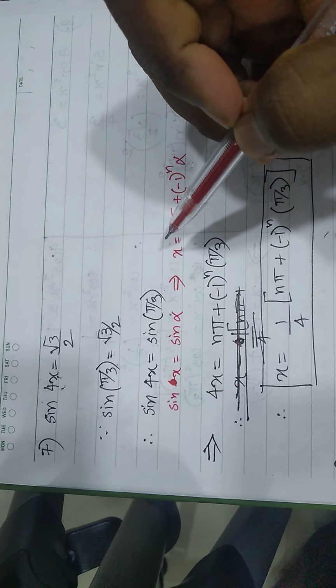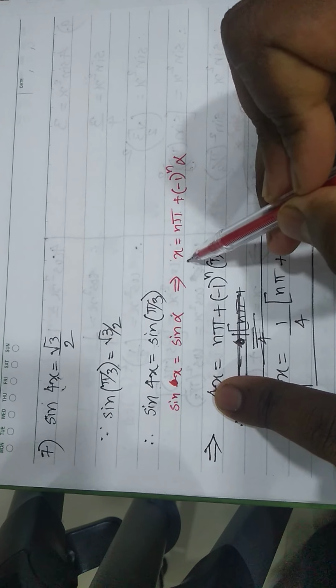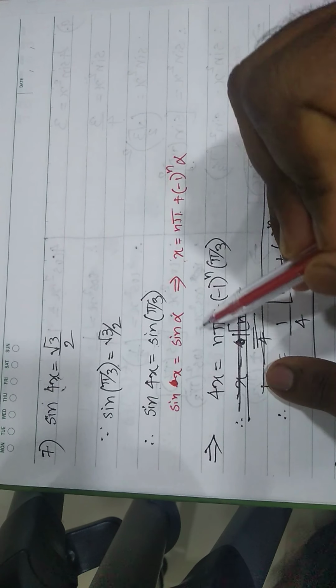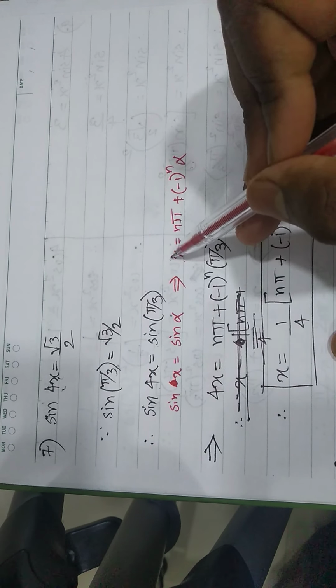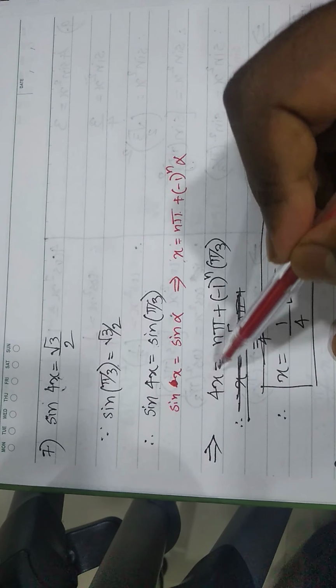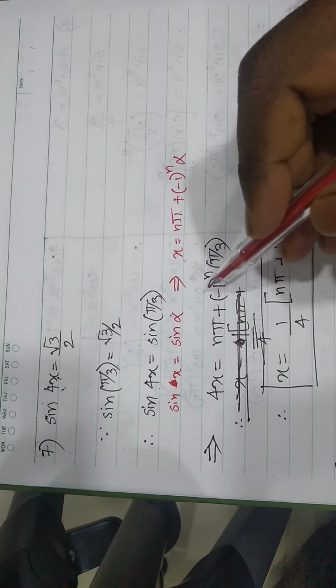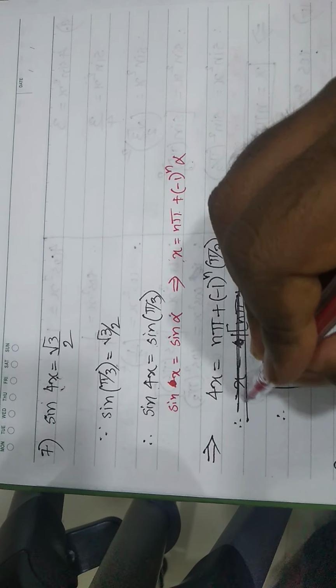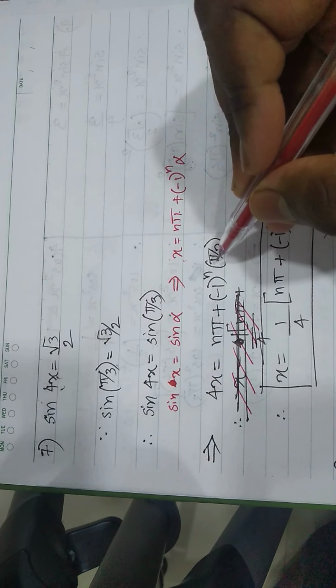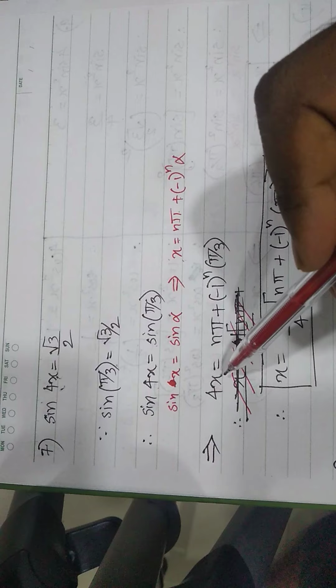When we write our solutions, what will happen? Here the coefficient of x was 1, so it appeared as 1. If it is 4, it is going to be 4x. So you take this as it is. So 4x is equal to n pi plus minus 1 raised to n times pi by 3. So what happens to this 4?